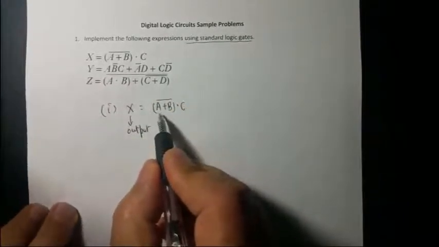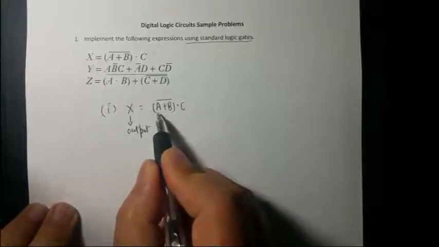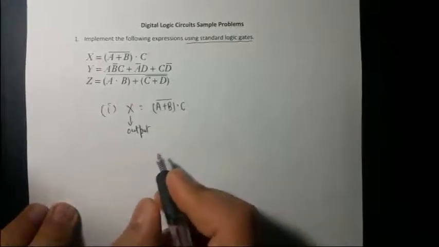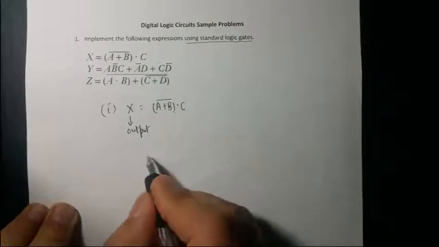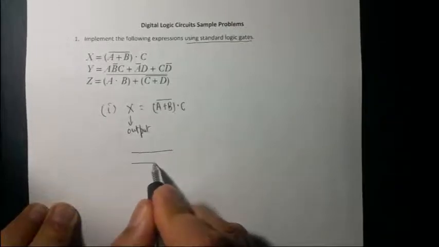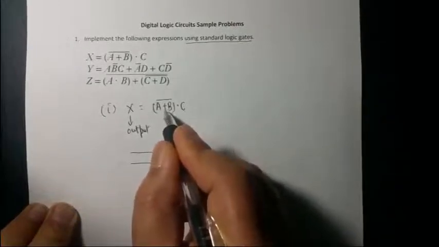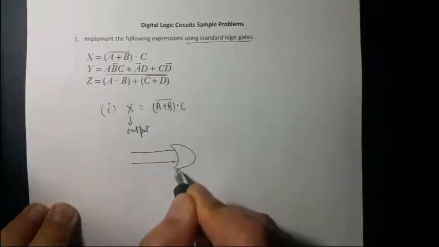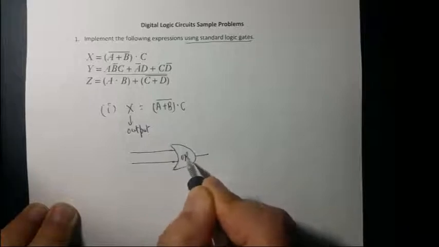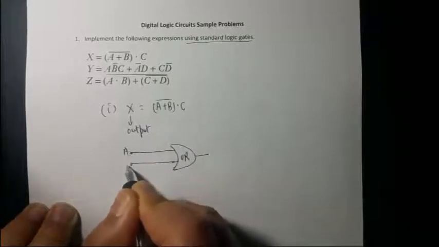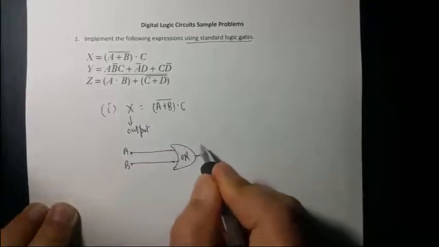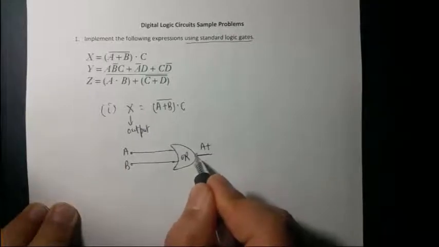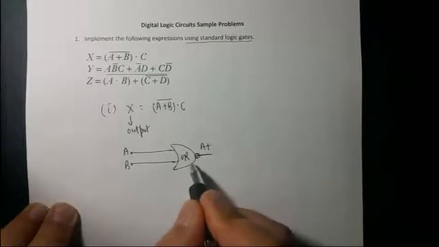So you have three inputs, right? The first two inputs you have to add, which means you have to put in the OR gate. This is the symbol for the OR gate. You have A and B, so the output here will be A plus B, and then you need a complement, so you're in a NOR gate actually.